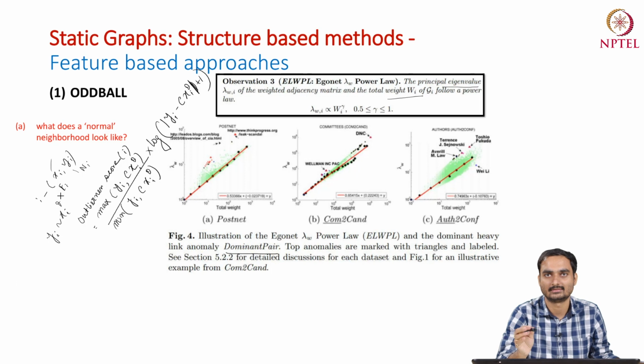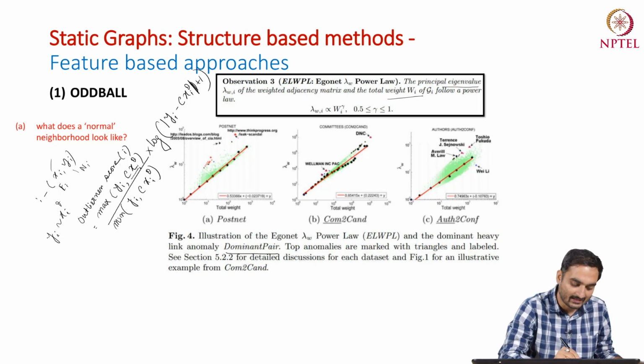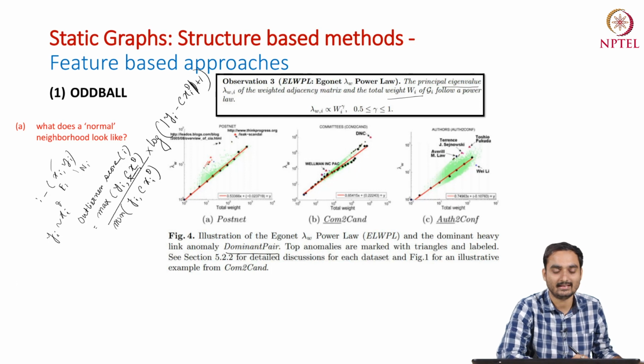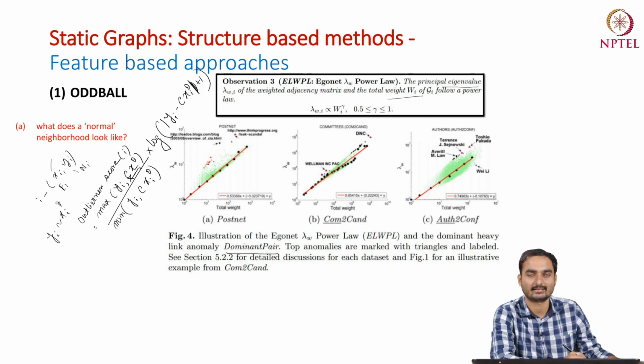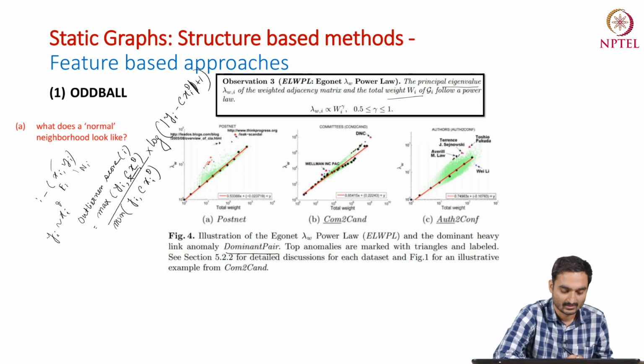Theta can have a certain range. So c times xi to the power theta is basically the fitted value, since you best fit using a line in log scale.